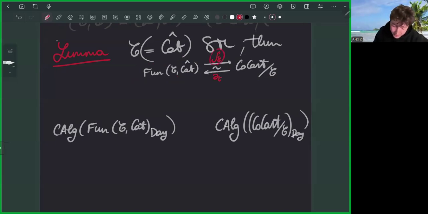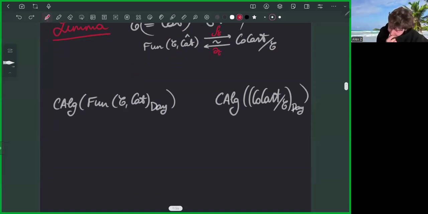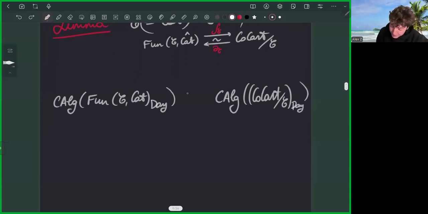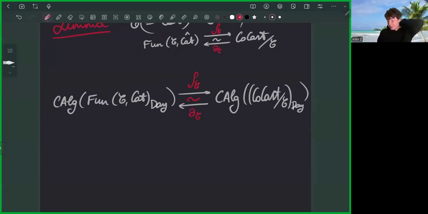So this is the unstraightening functor, and this is the straightening functor. And so now the claim is that this equivalence induces an equivalence between commutative algebra objects on the left and on the right.